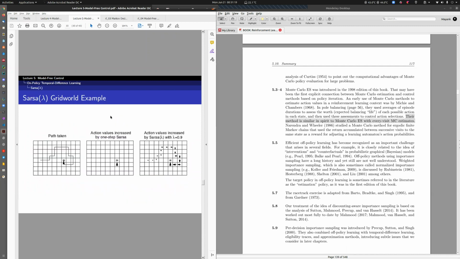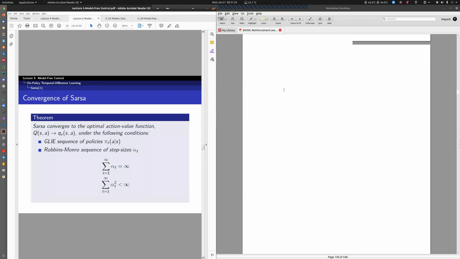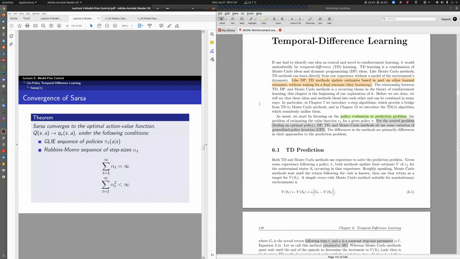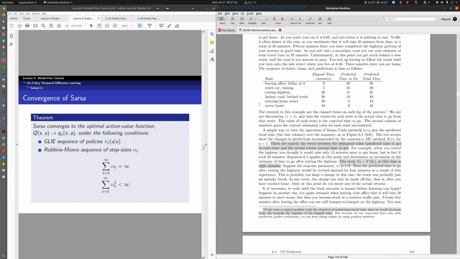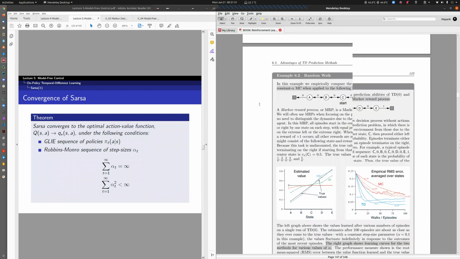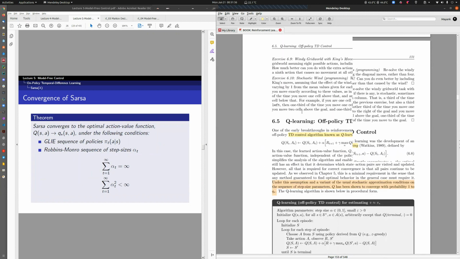What will be the difference? Then of course we will be taking a look at SARSA. Advantages of the random walk. SARSA and the Q learning.